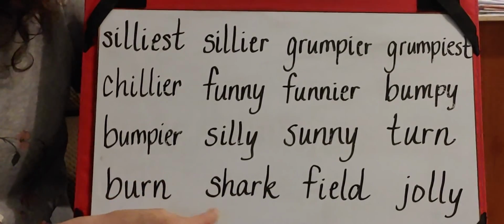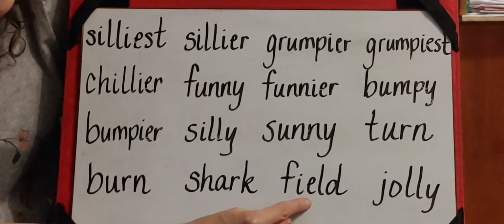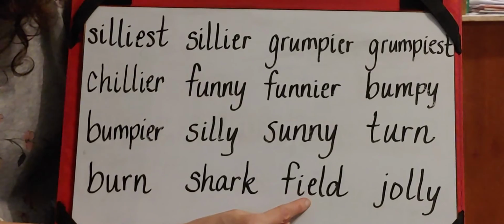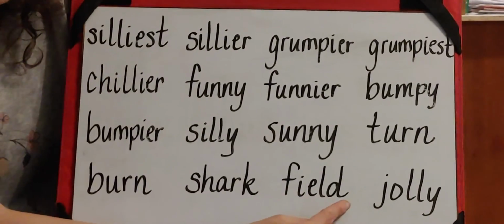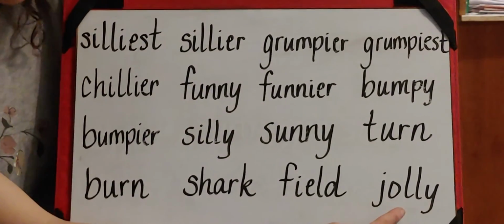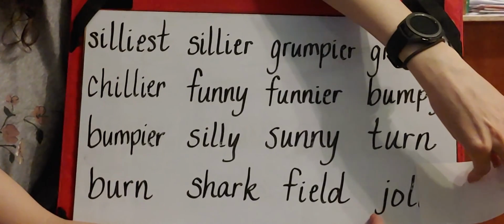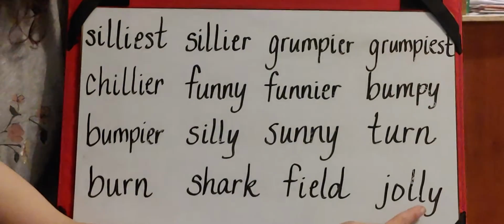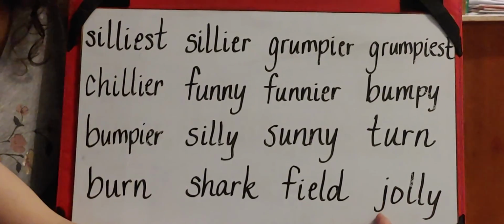Word, shark. Here's our new vowel sound from last week. Vowel sound, e, blend, ild. Word, field. Last one, 2 syllables. First syllable, j, all. Last syllable, li, jolly. Word, jolly.